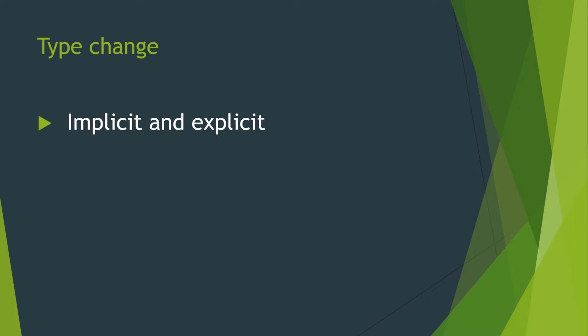I'm gonna show that later on also. The explicit one is when you write the data type that you want to change something to in front of it.